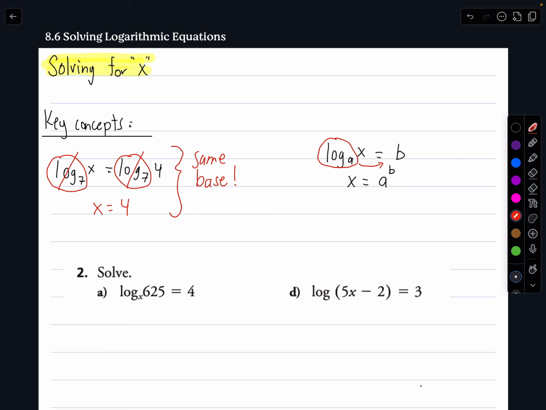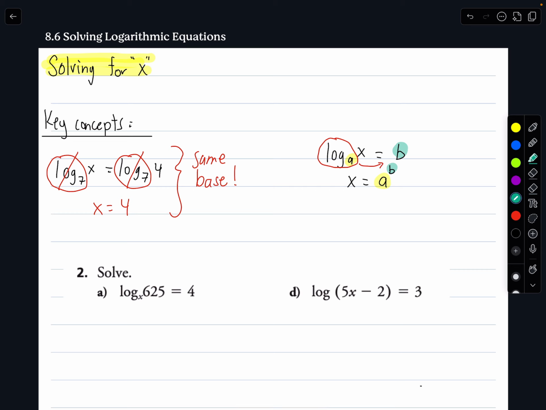So this a, as the base, becomes the new base of the exponential, and the b gets bumped up to the exponent. That's really interesting to know. It's a weird kind of operation because you don't usually do that, but this is what happens. The b gets bumped up to the exponent.